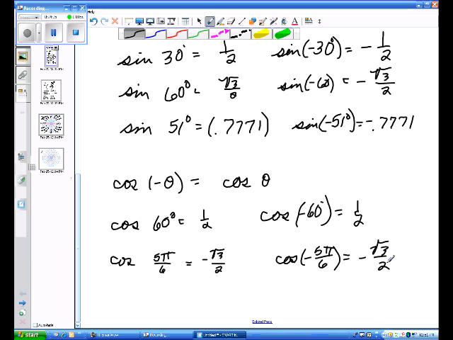If we know that the cosine of 62 degrees, or if we're told that, I don't think we would just know that, is 0.4695, then we know that the cosine of negative 62 degrees is equal to 0.4695.